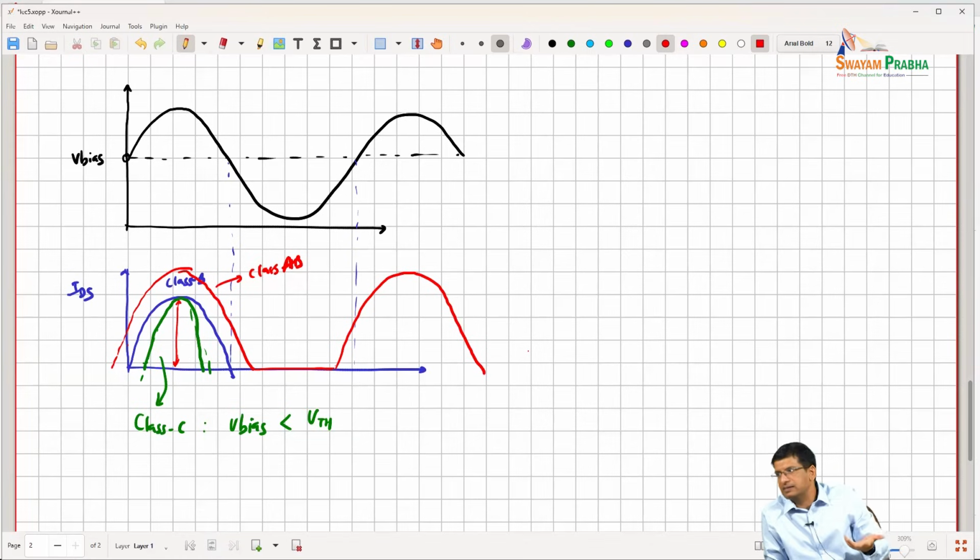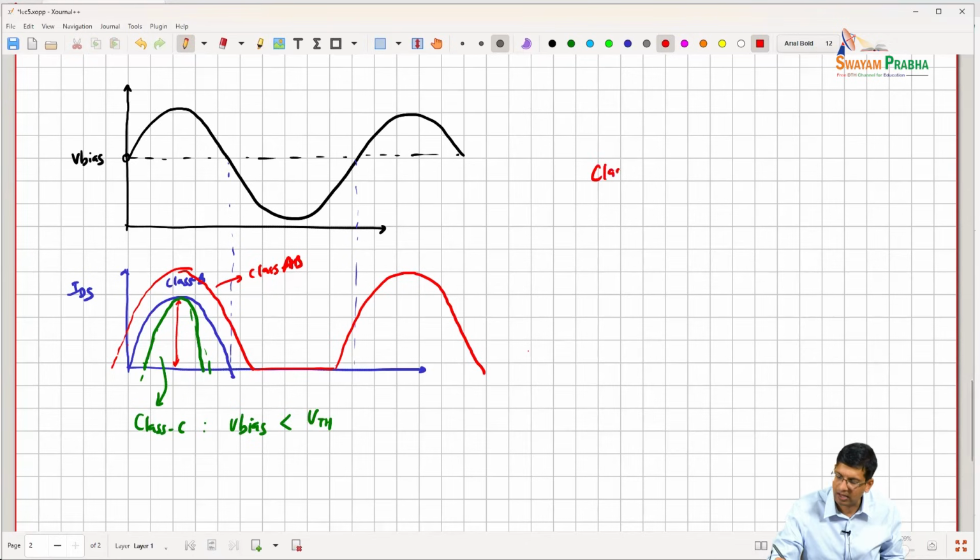That's a class B design. In a class A design, whether you apply the signal or not, the DC power is going to stay the same, because it's just VDD times IDC. But in a class B design, if you don't apply any signal, the transistor never turns on. So that's zero DC power consumption. Only when you apply the signal does the transistor turn on. So there is some scaling of power.